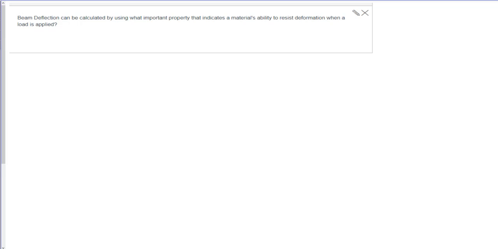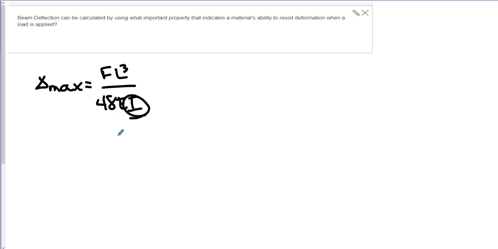So that's really just a vocabulary question. Beam deflection is equal to force times length cubed divided by 48 times modulus of elasticity times moment of inertia. So moment of inertia would have been the correct answer there.